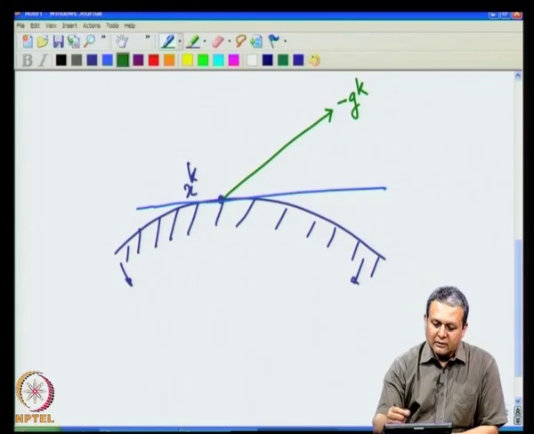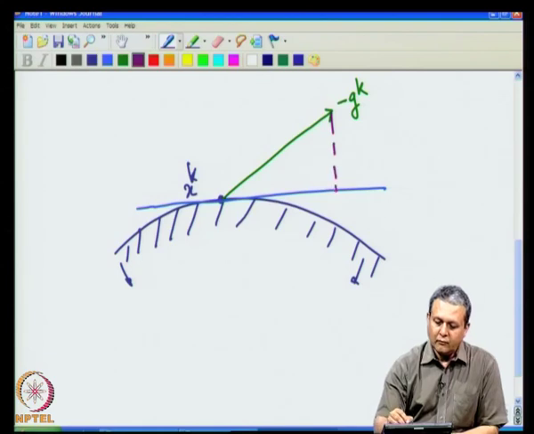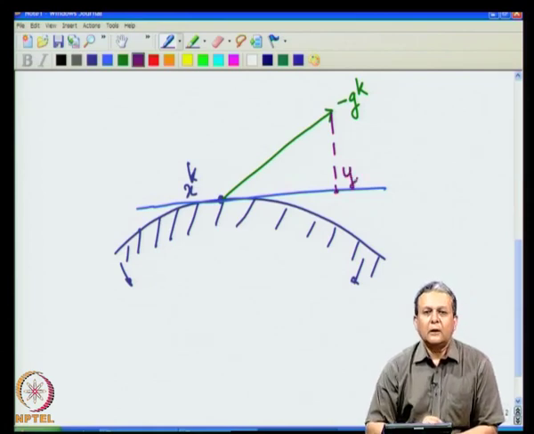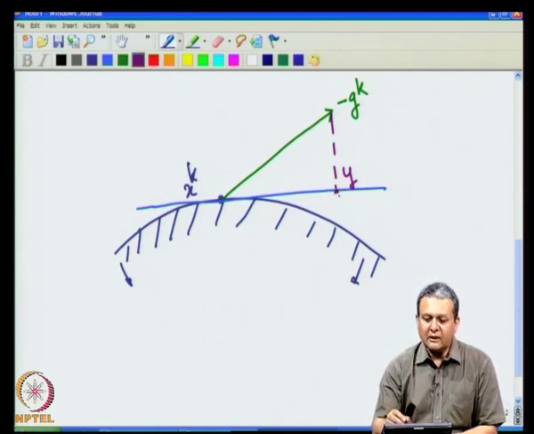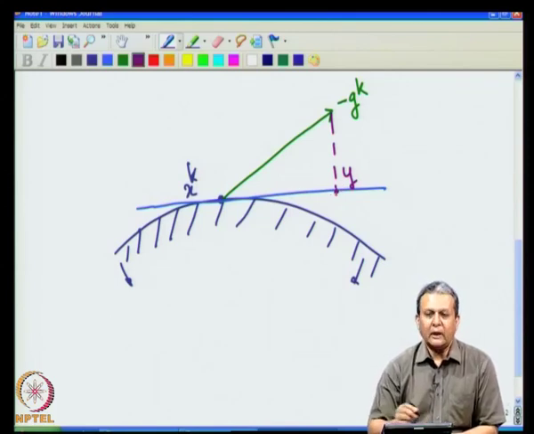So, now if we project this we get a point. So, let us call this point y. Now, you will see that this y is not part of the feasible set, because the constraint is violated at the point y.